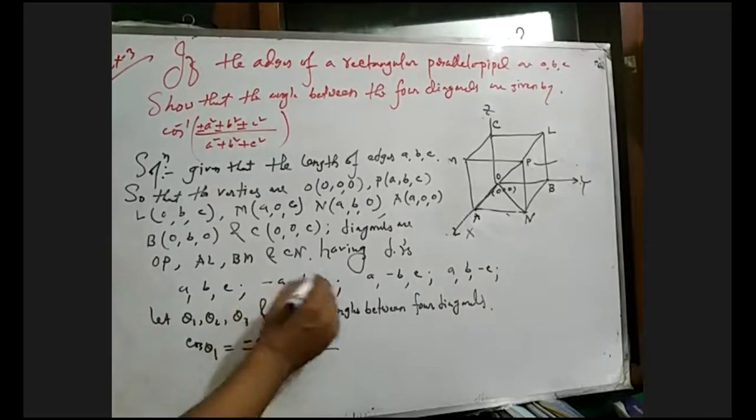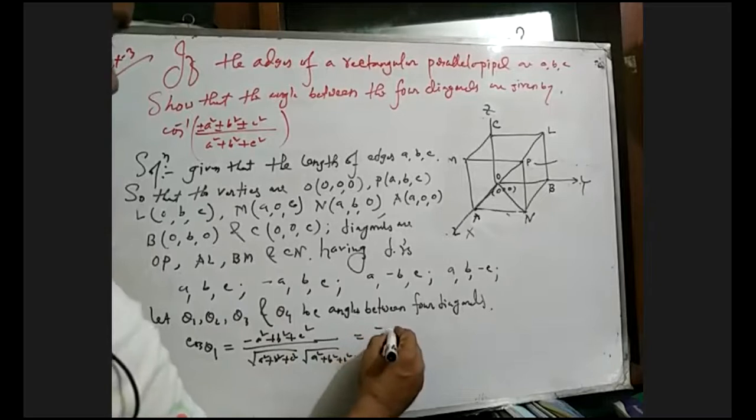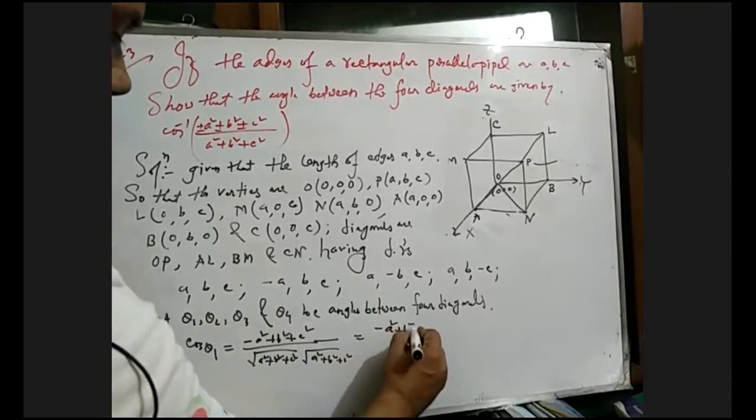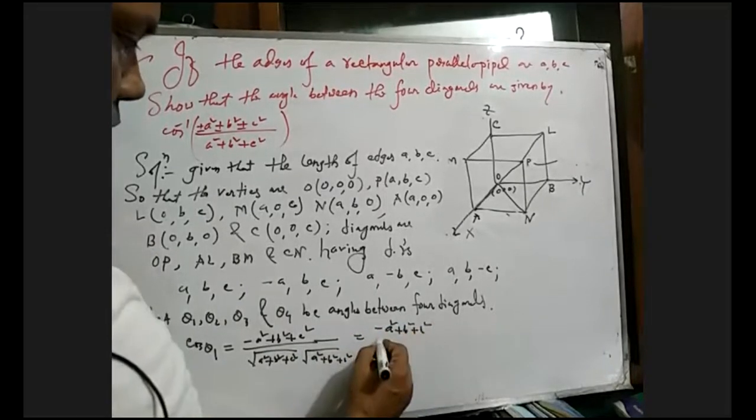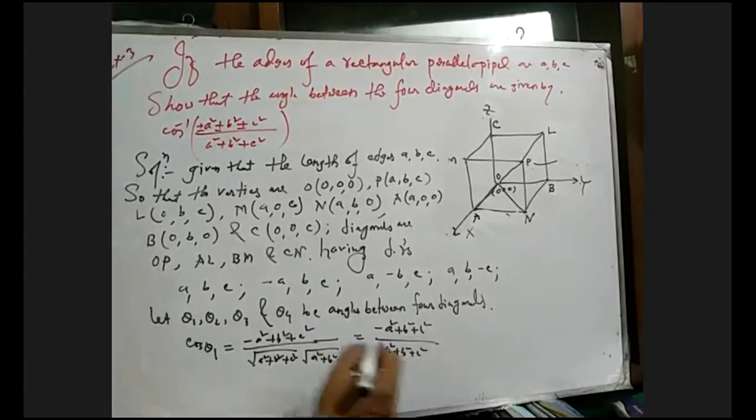Again, this is the sum of squares. So minus a square plus b square plus c square, divided by a square plus b square plus c square.